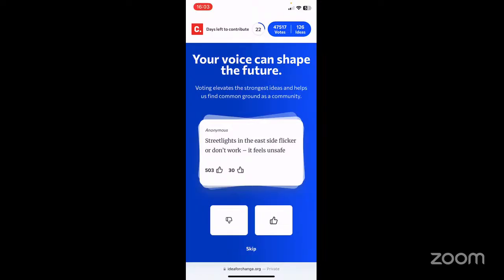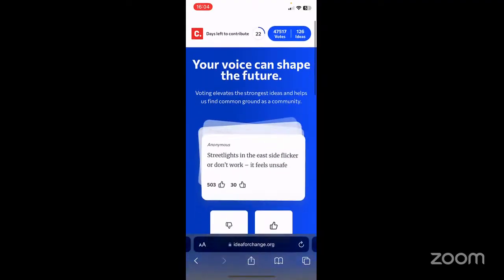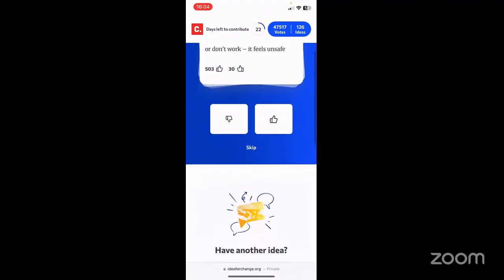I know it has the logo on the top left, and I know what that is just because I work for Change, but if I was entering this website not knowing what that logo was, I would still be a little suspicious. Like, okay, this is a nice looking website, but who's running this and why?